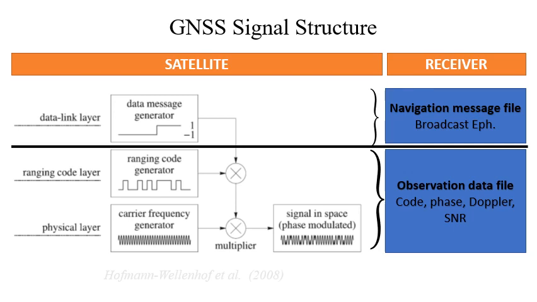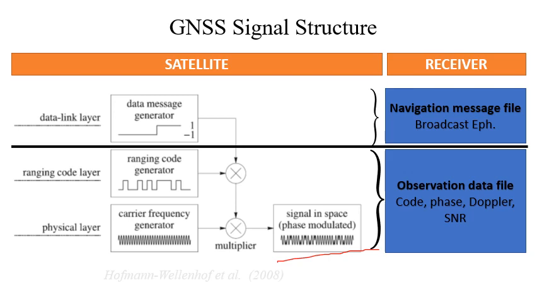As you recall, each GNSS satellite produces 3 layers, and these 3 layers are modulated into one unique signal, which will be sent to the receivers on the Earth or also to space vehicles in space.